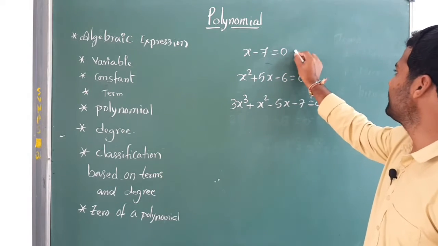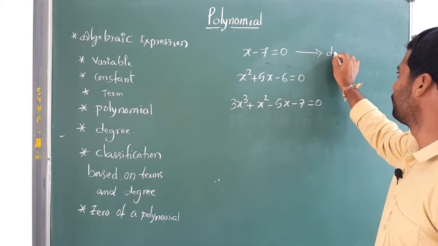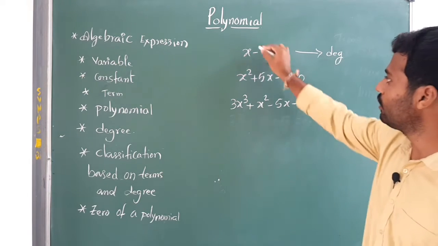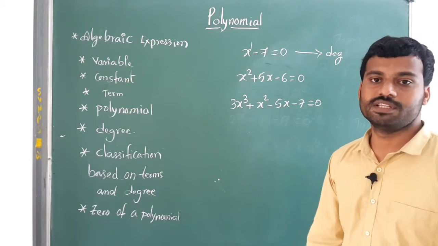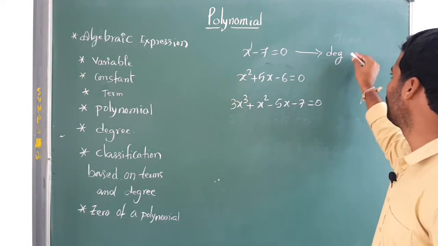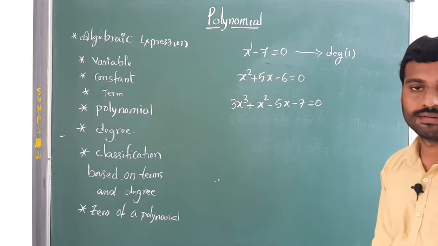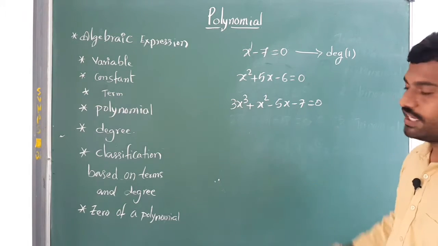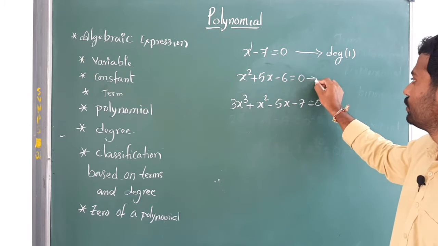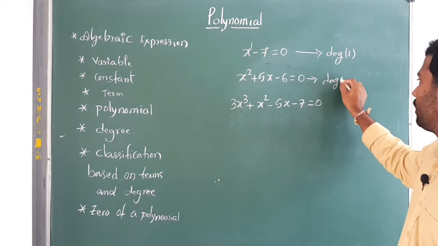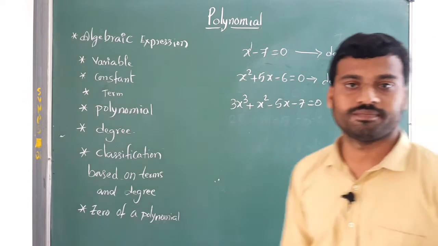Now, what is the degree of this polynomial? I said already, the highest power of the variable is the degree of the polynomial. So, the degree of this polynomial is 1. What about the degree of this polynomial? Here x to the power 1, x to the power 2. So, the degree is 2. Clear?